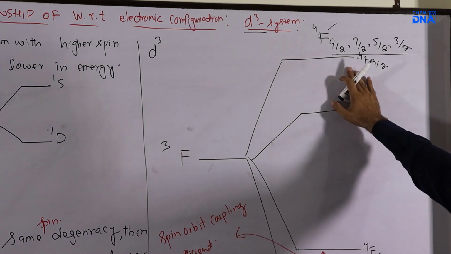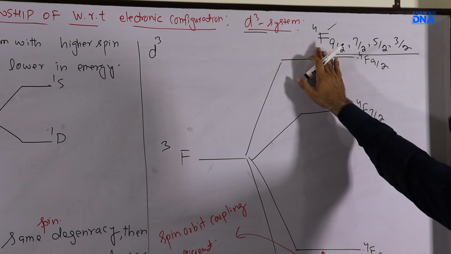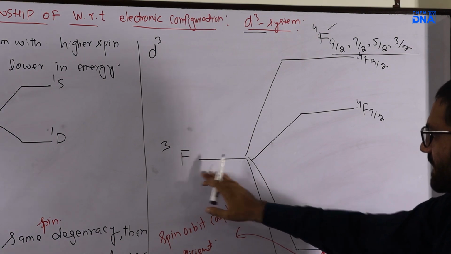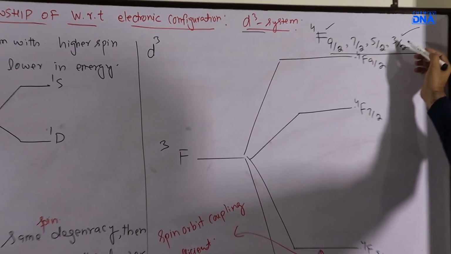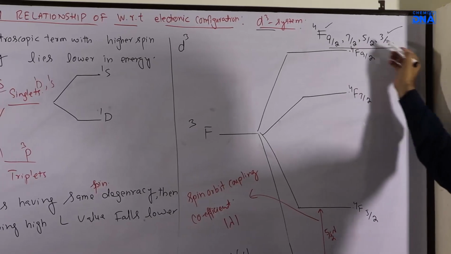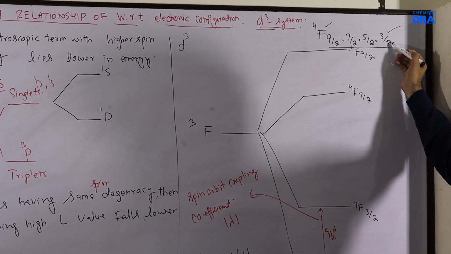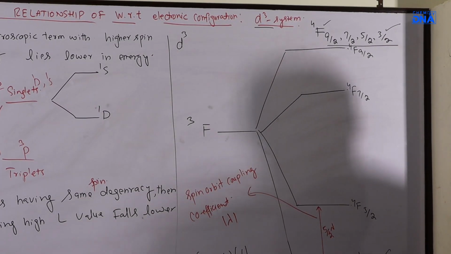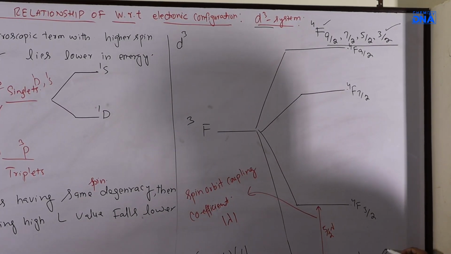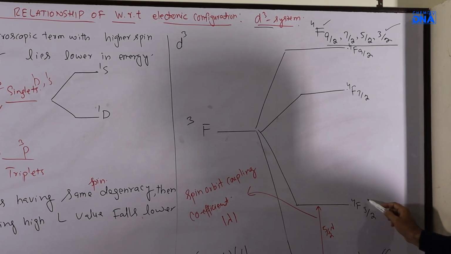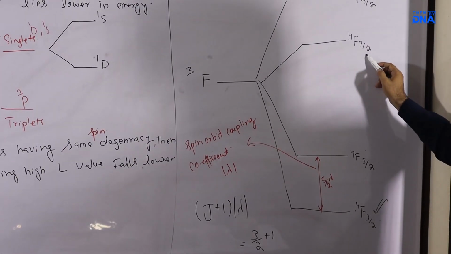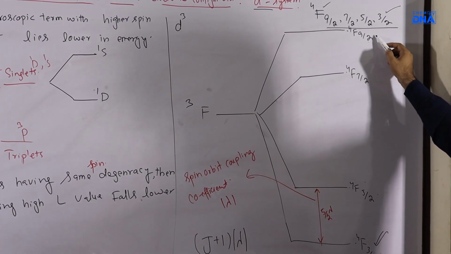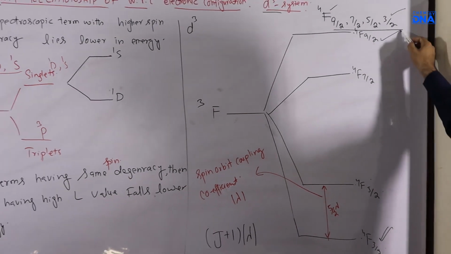Let us take its splitting pattern F: the spectroscopic term with lower J value falls lower in energy, and you see here F quartet 3/2, F quartet 5/2, F quartet 7/2, F quartet 9/2. This value is higher in energy splitting.